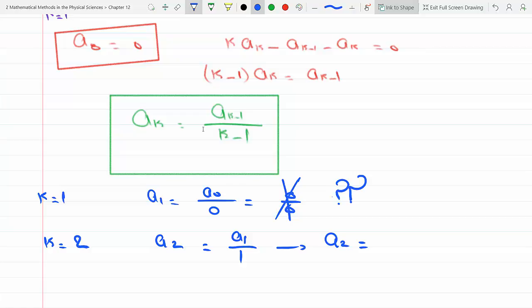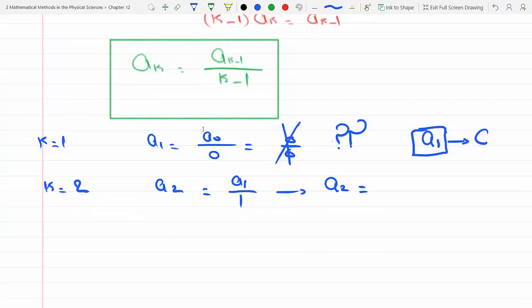So what I'm trying to do now is express everything in terms of this missing coefficient a1, which again acts as my constant of integration in the first order differential equation. Now everything else can fall under that. So a2 has to equal a1.